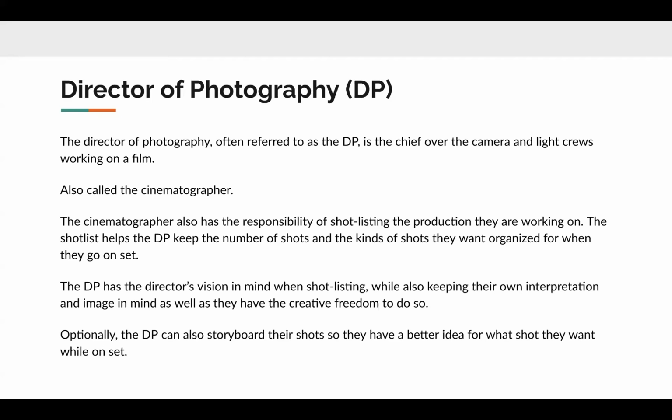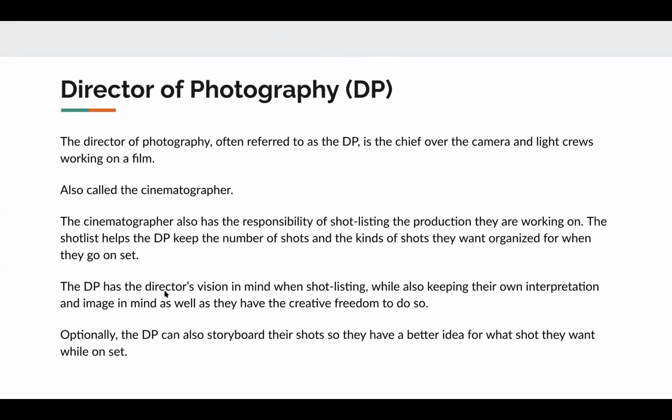So the director of photography has the creative freedom to know what the shots are and to create the shots, but keep in mind this is the director's film, especially if the director is also interpreting it. If it's not their film, it was written by someone else. But usually nowadays in Hollywood, they're usually written by the director.